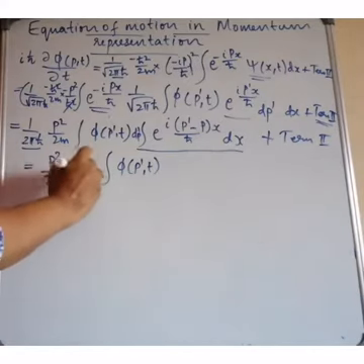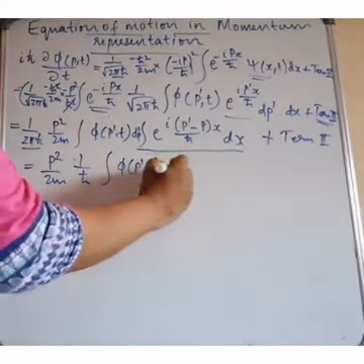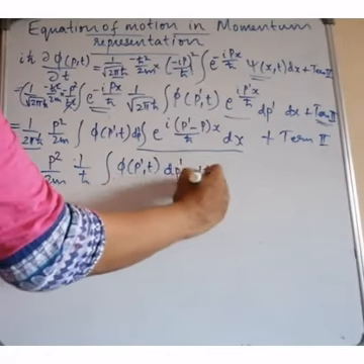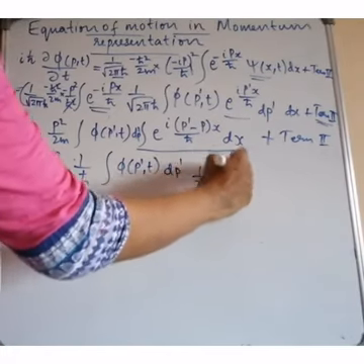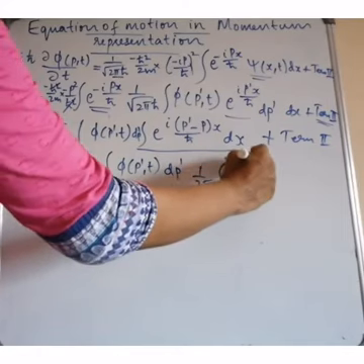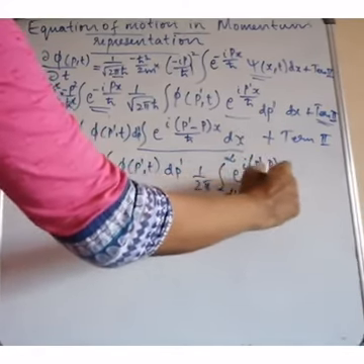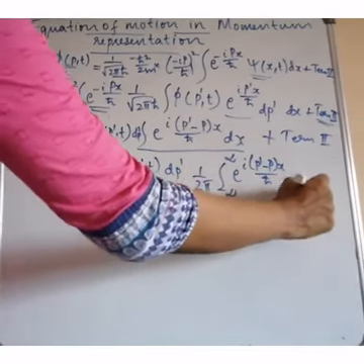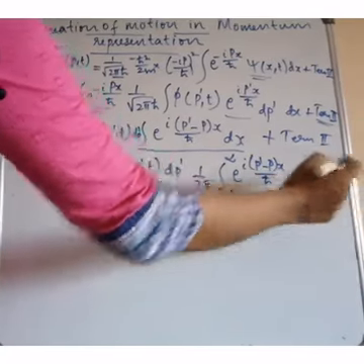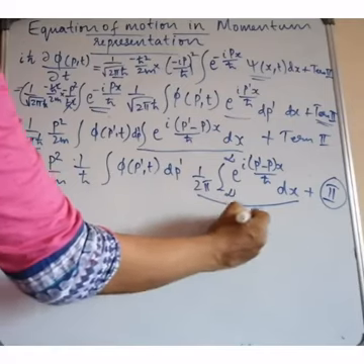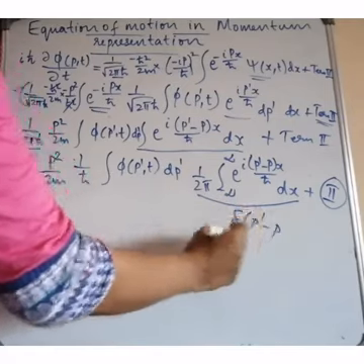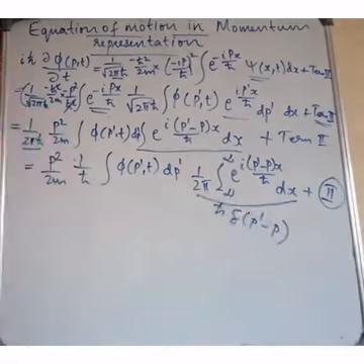So 1 by h cut dp prime, 1 by 2 pi into integral minus infinity to plus infinity e raised to i p prime minus p into x by h cut dx is delta of p prime minus p, h cut into delta of p prime minus p.